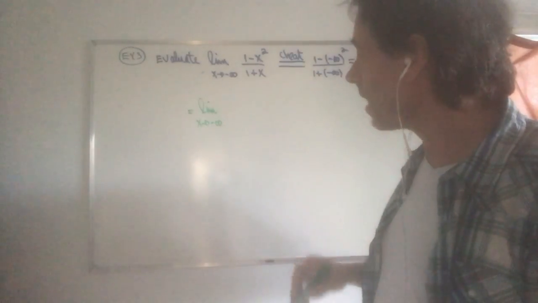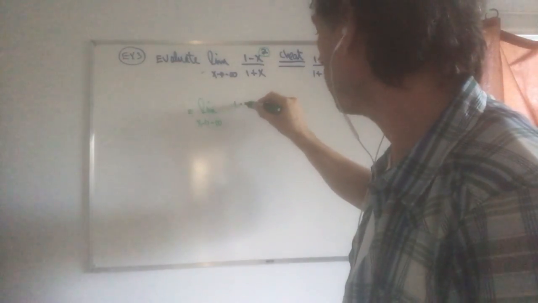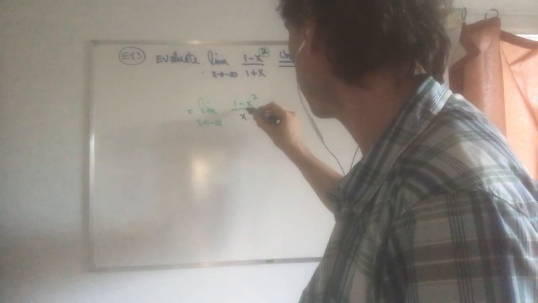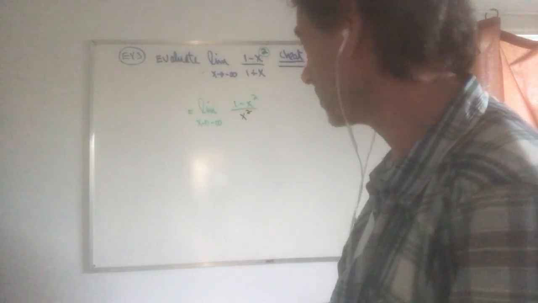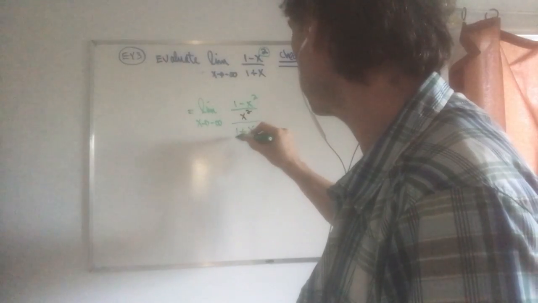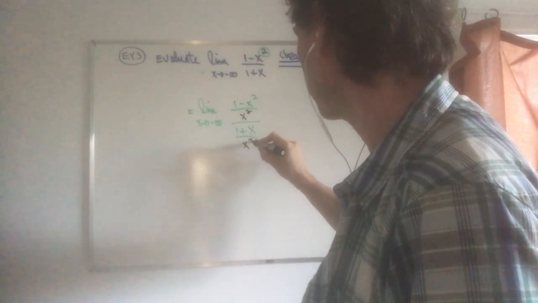The highest power in the entire expression is 2. So 1 minus x squared shall be divided by x squared, and the bottom, 1 plus x, shall also be divided by x squared.